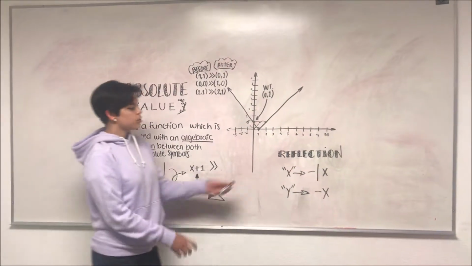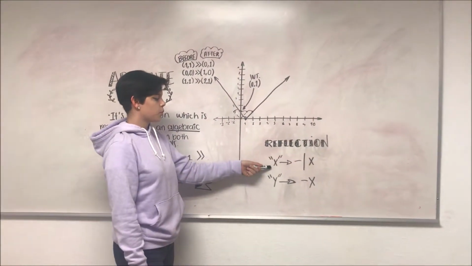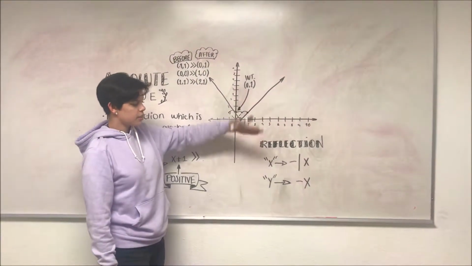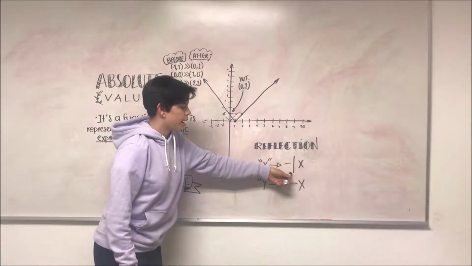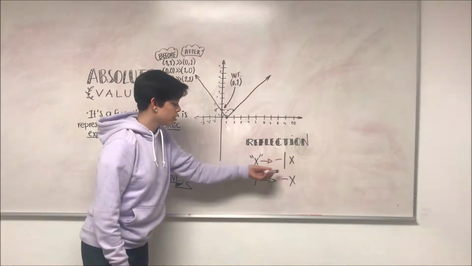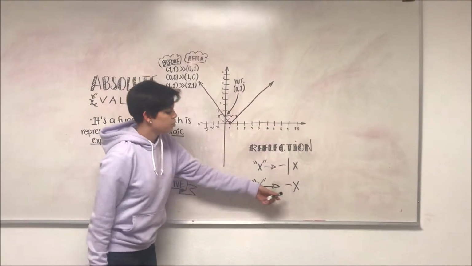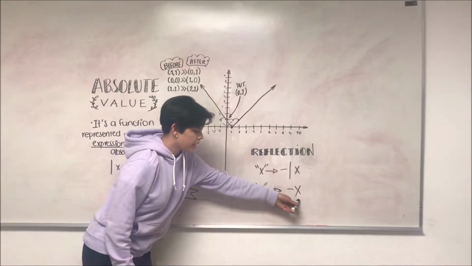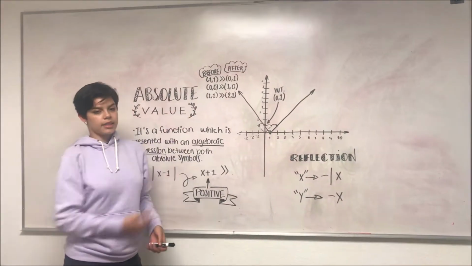When there has to be a reflection in the x, you put a minus before the absolute value symbol and the algebraic expression. And if you want it in y, you put the minus on the x inside, to indicate that you want a reflection in the y-axis like this.